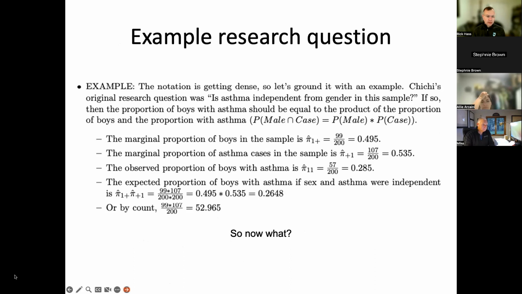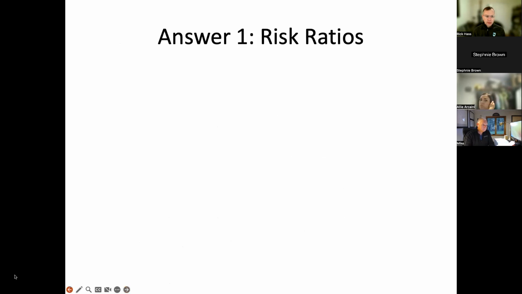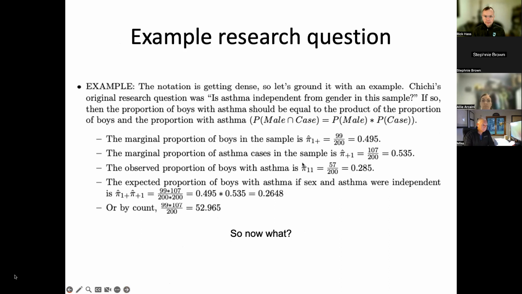So I'm going to take us on a little bit of a detour. We're going to talk first about risk ratios. So one thing we can do is to compute the proportion of boys with asthma and the proportion of girls with asthma and put them in a ratio.